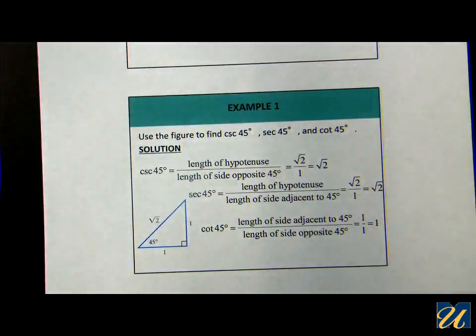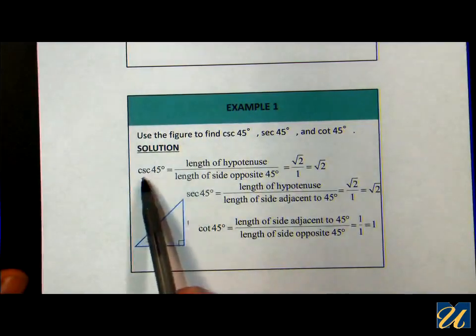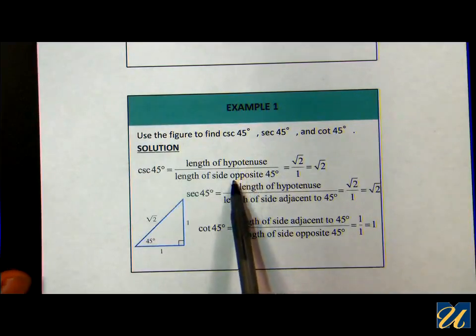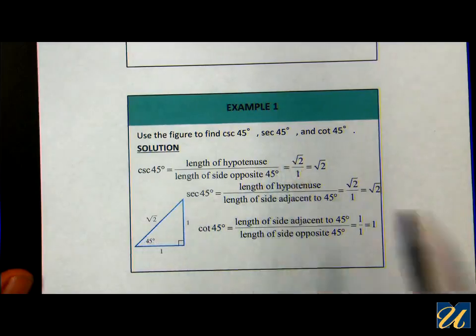Okay, let's take a look at example 1. Use the figure to find cosecant 45 degrees, secant 45 degrees, and cotangent 45 degrees. So based on the definitions of the right triangle, cosecant of the angle is the length of the hypotenuse divided by the length of the side opposite. Now here it doesn't matter which angle you use because both of these are 45. The result will still be the same, which is root 2 divided by 1.